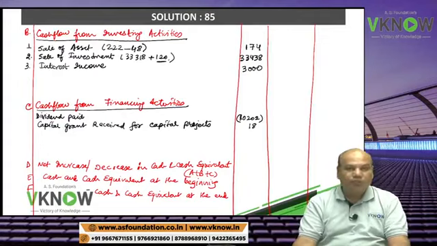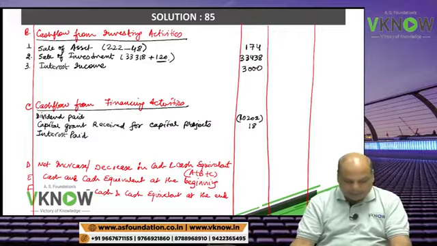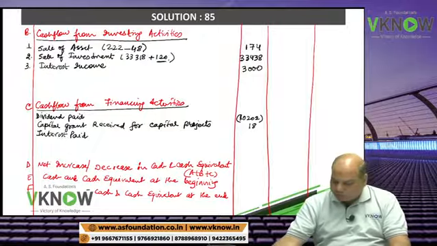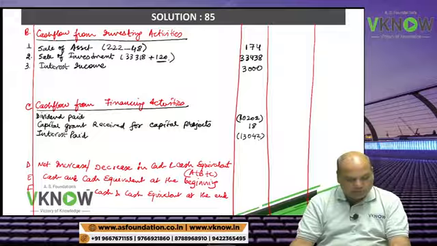Point number C, financing activity. Here you will write interest paid. Interest paid, actual amount is 13,042 in bracket.